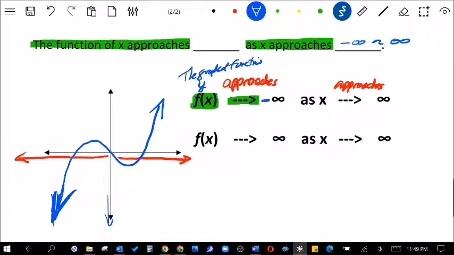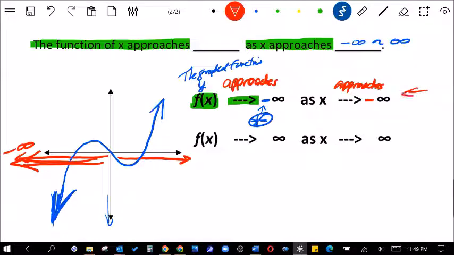So we need to put negative there. And it's happening that way as the x is approaching negative infinity by going to the left. We're going to put negative infinity. That takes care of going this direction.